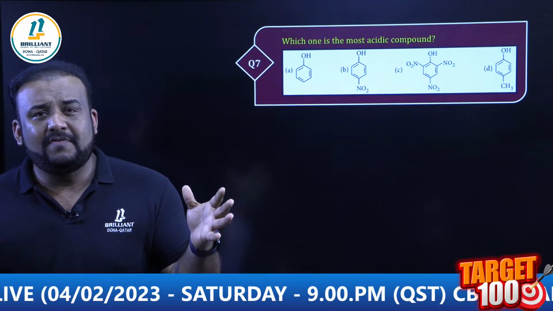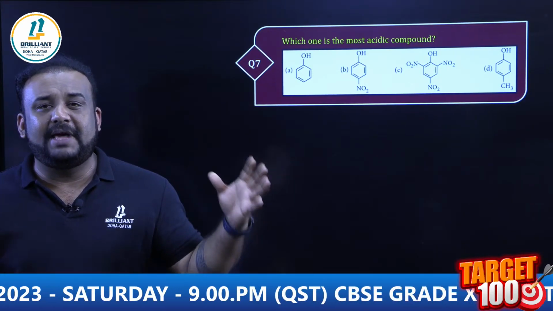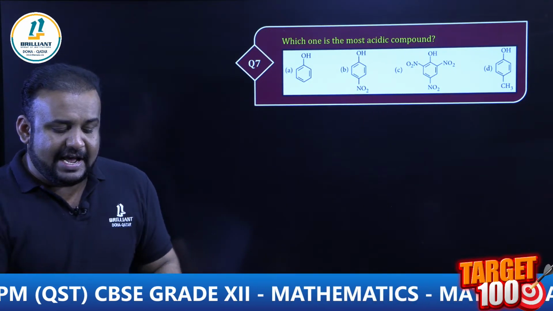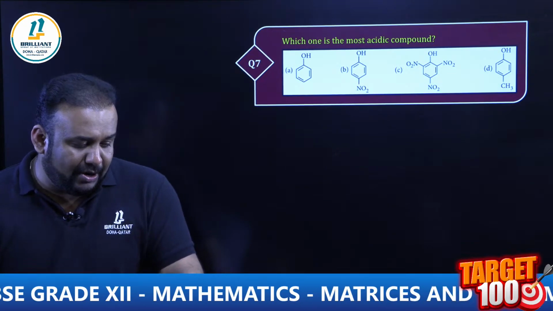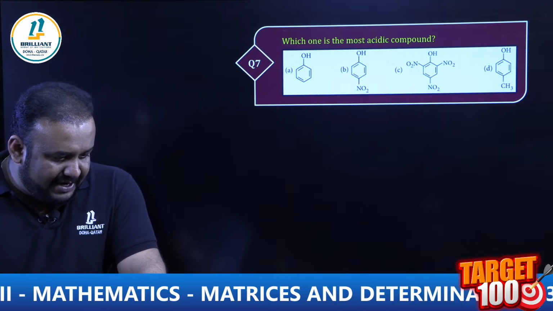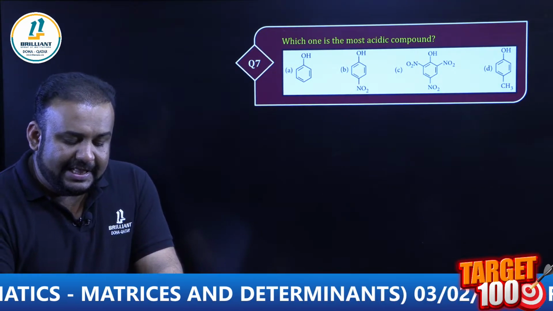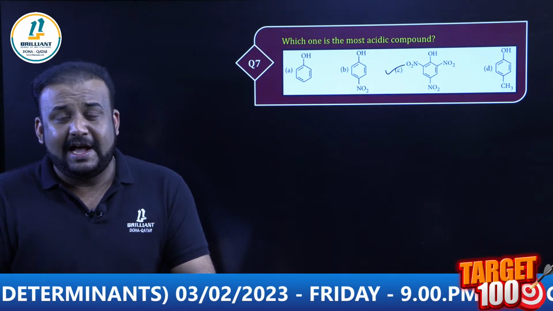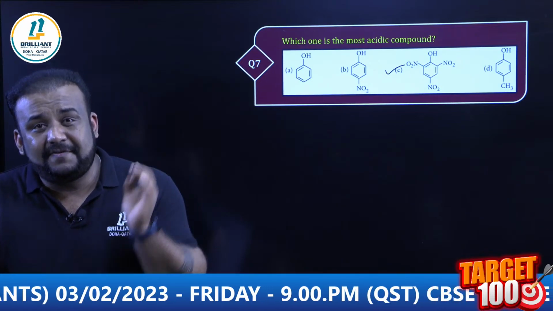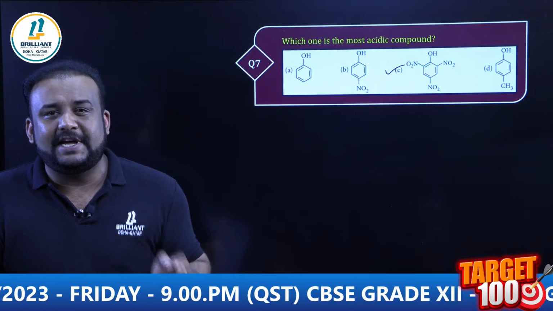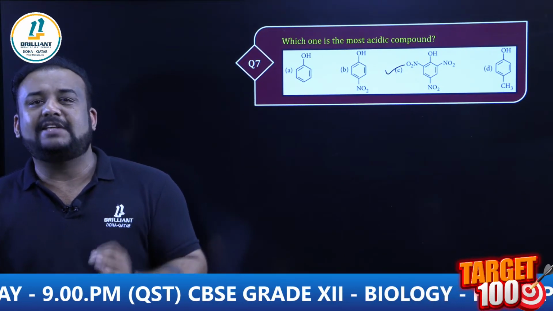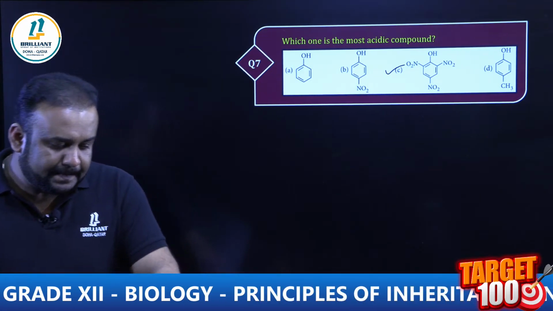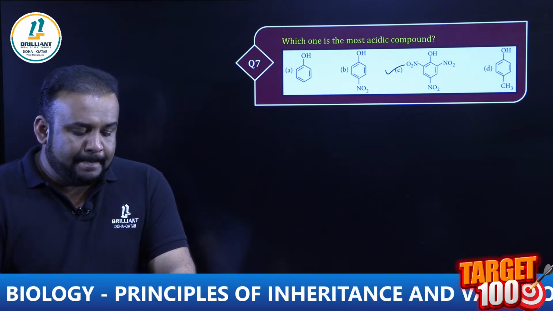Definitely the compound where phenol has maximum electron withdrawing groups present at the ortho and para positions. And you can clearly see here, yes, majority of you have given the right answer, option C. That is 2,4,6-trinitrophenol, and its acidity is so high, that's why it's called as picric acid. It is also known as picric acid. Right.